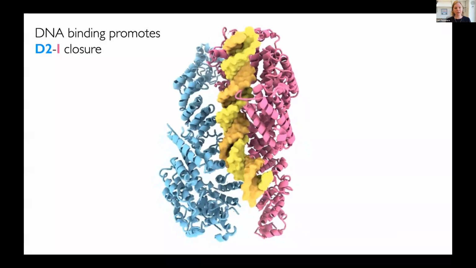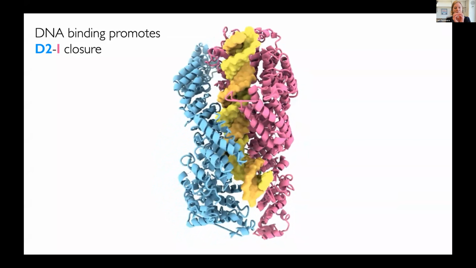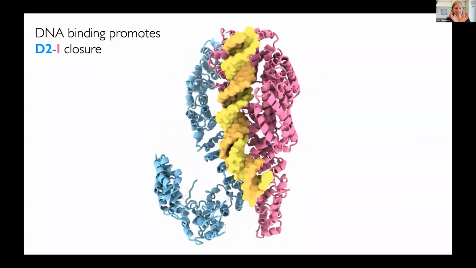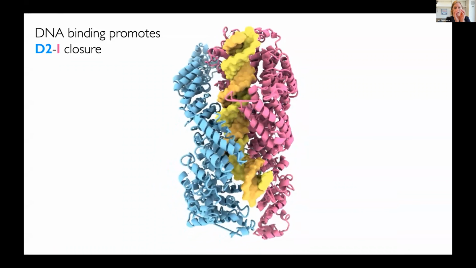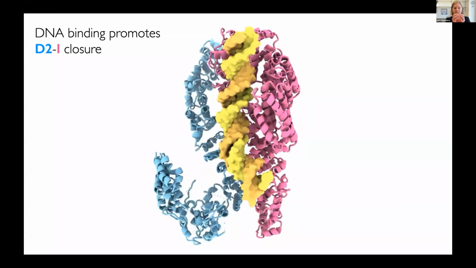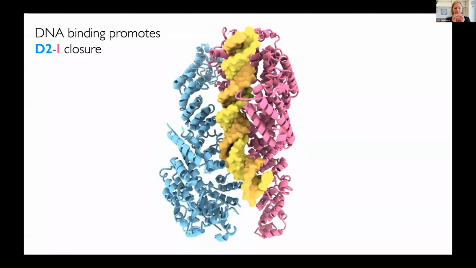Now, if I superimpose both the unmodified and the ubiquitinated models, you can see how the dimer interface really acts like a hinge, allowing the C termini of the two proteins to swing towards each other. So there's a rotation of almost 70 degrees in the monoubiquitinated complex, allowing it to clamp onto DNA.